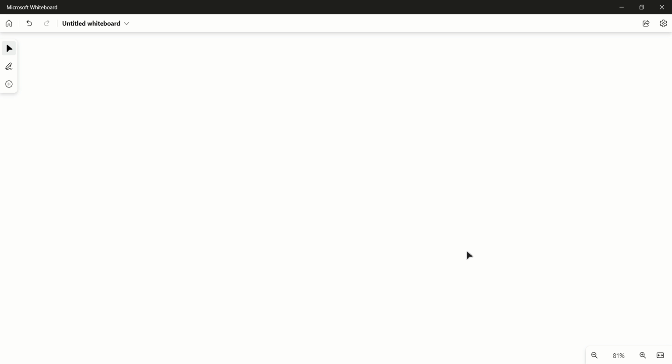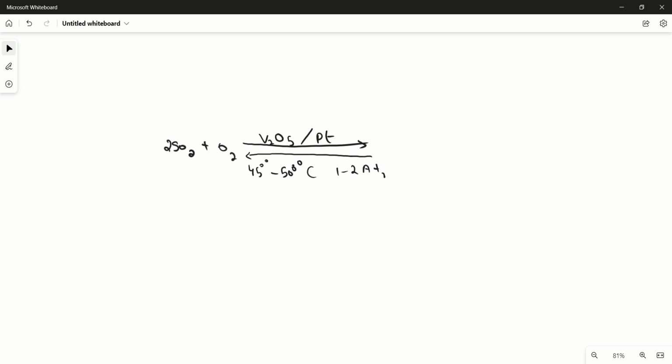So the actual reaction, the pure reaction, is 2SO2 plus O2. It's a reversible reaction with vanadium pentoxide or platinum at 450 to 500 degrees Celsius at 1 to 2 atmospheric pressure.